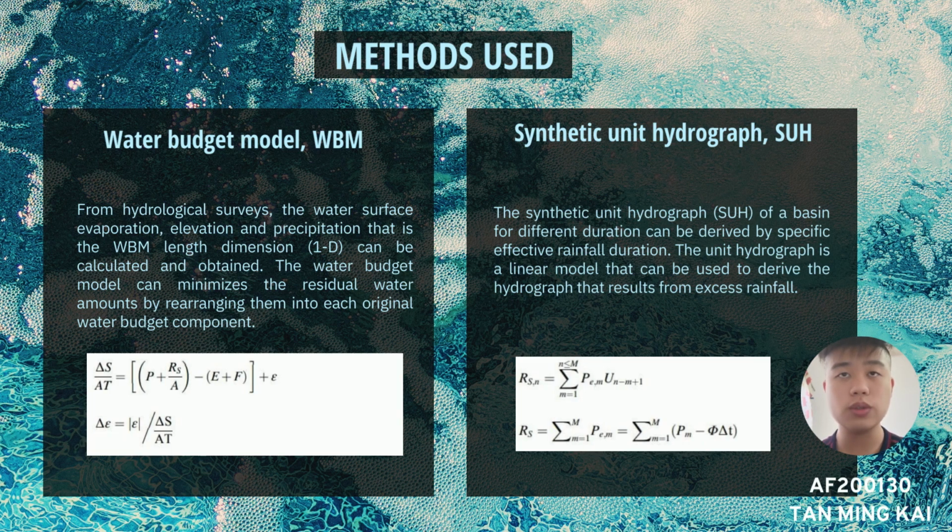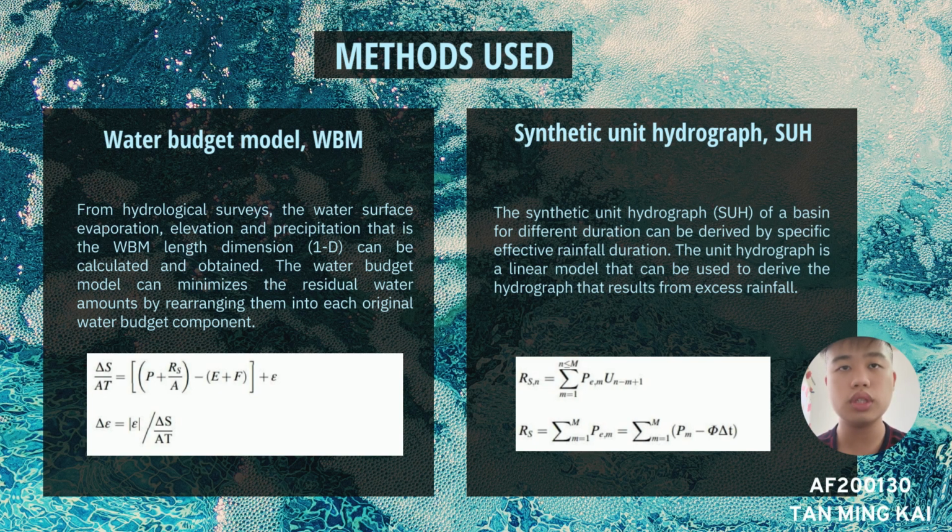Two methods are used in this study case, that is, the water budget model WBM and the synthetic unit hydrograph SUH. Water budget models come from the hydrological survey. The water surface evaporation, elevation and precipitation, that is the WBM length dimension, can be calculated and obtained.